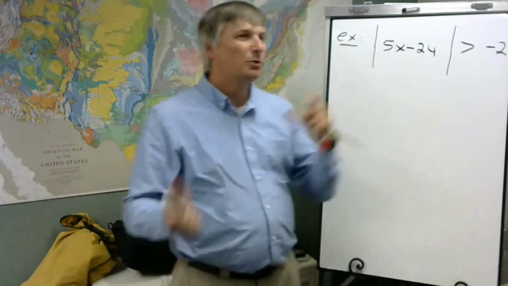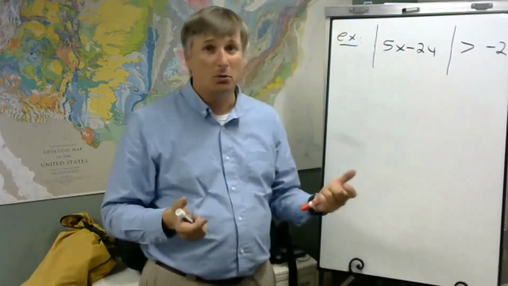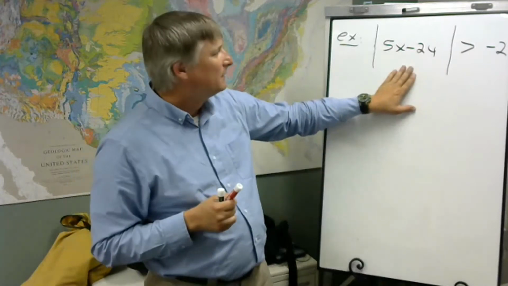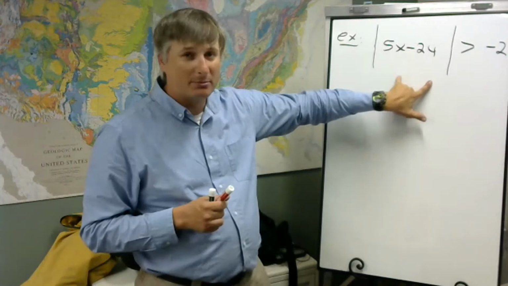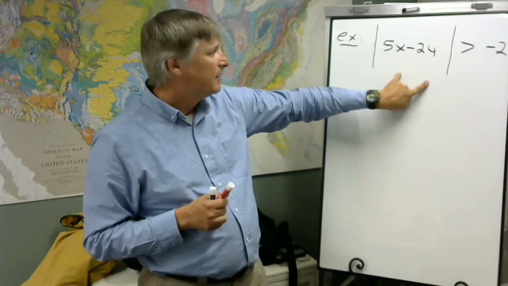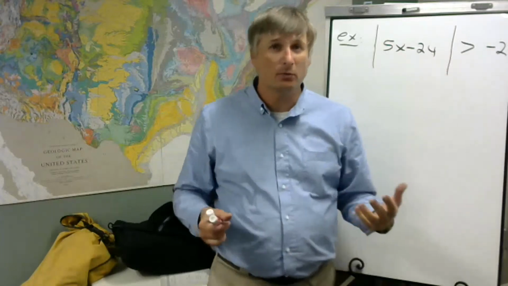You have to be careful multiplying both sides by x. That's sort of the concern. What is that doing to your inequalities? So let's just go with something simpler. Because we're taking the absolute value, this is always positive. And because it's always positive, it's always greater than a negative, no matter what.